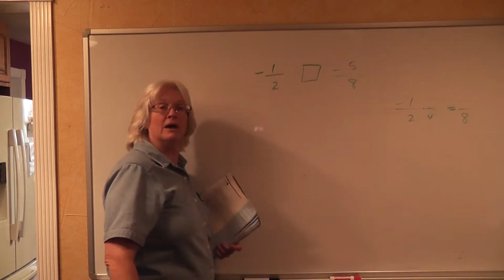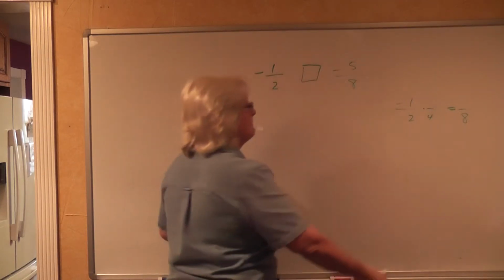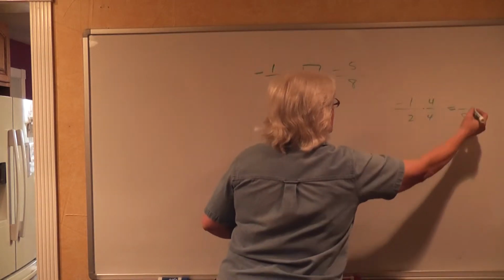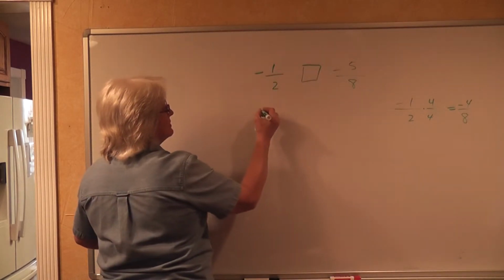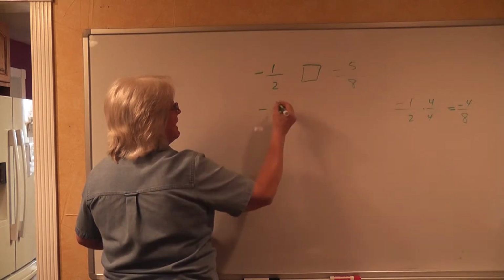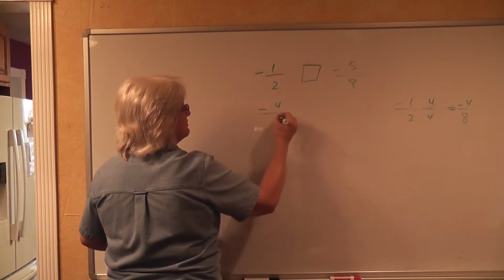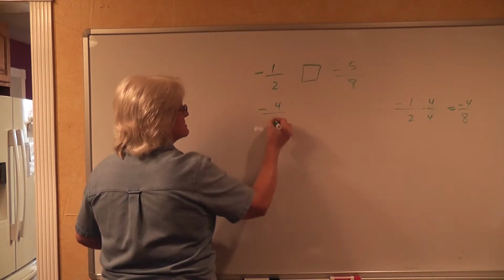When we multiply the denominator by 4, we have to multiply the numerator by 4. So we have that negative 1/2 is equal to negative 4/8.